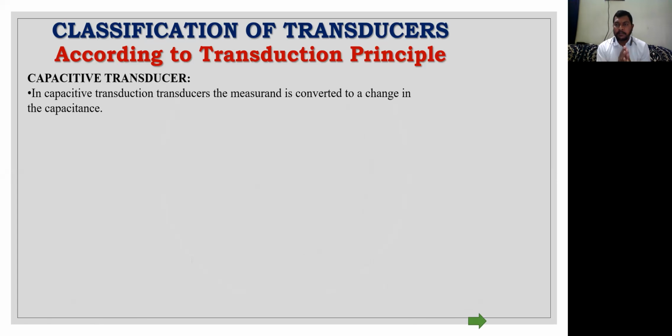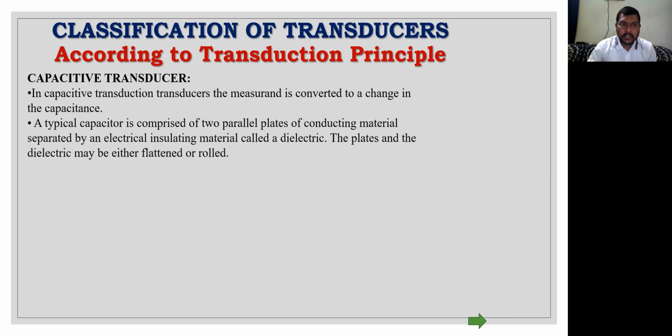What is a capacitor, right? As I told you, a capacitor is nothing but two conducting plates separated by a dielectric medium, or a non-conducting medium. That is called a capacitor, right? You have studied this capacitor in your 12th electrostatics chapter.